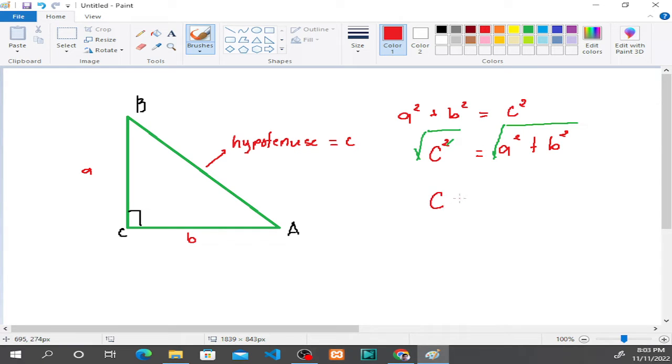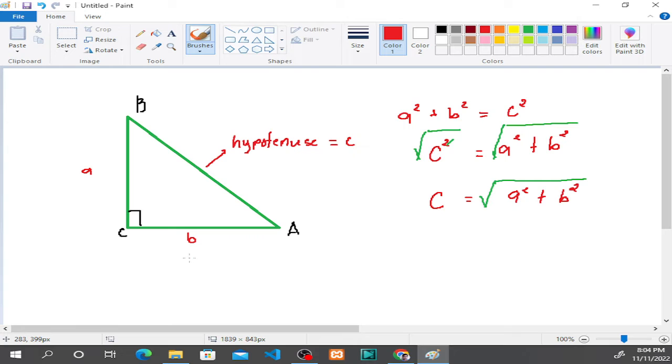So the hypotenuse c is equivalent to the square root of a squared plus b squared.